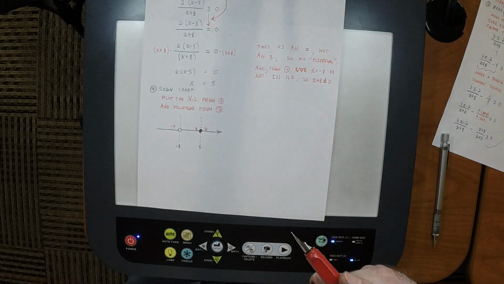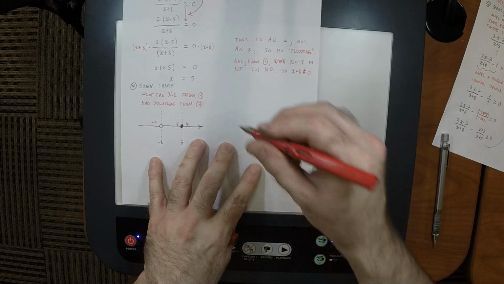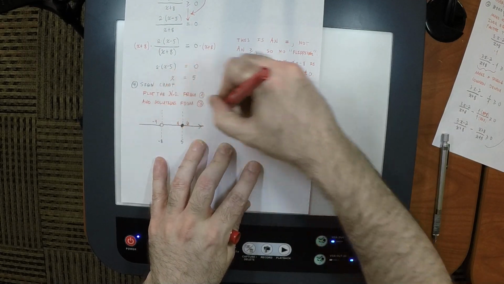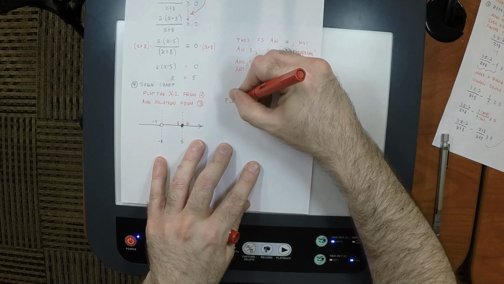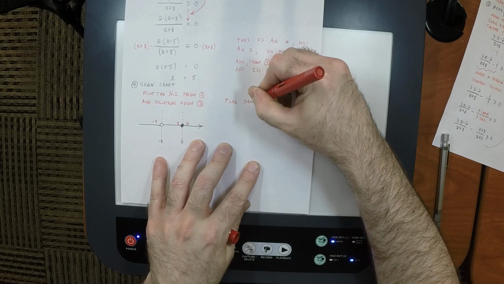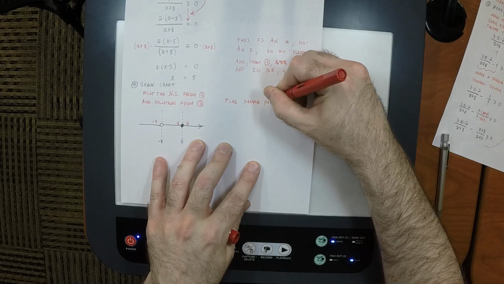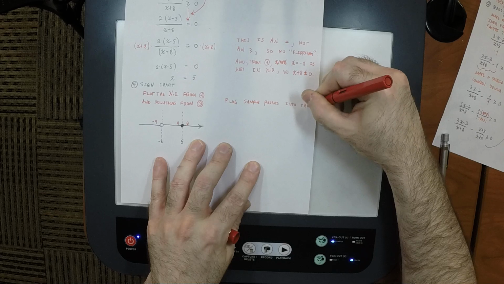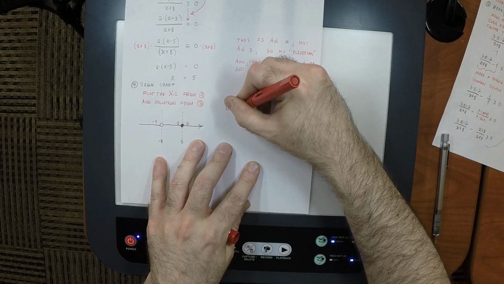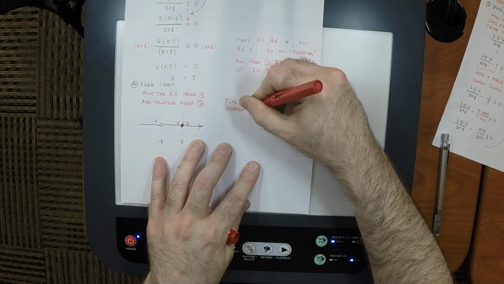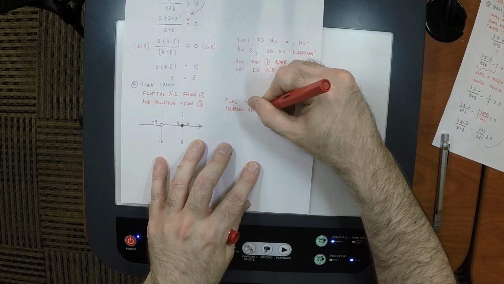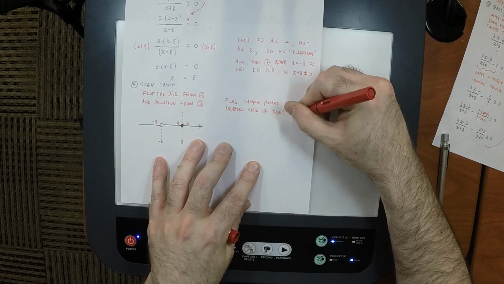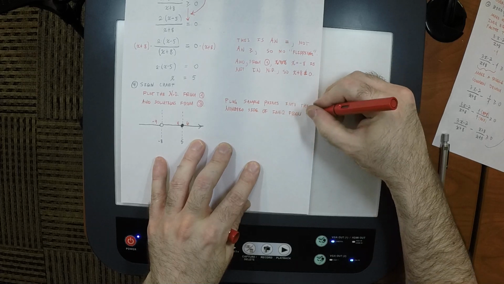Okay. Now what we're going to do is take the sample points, 1, 2, 3, and plug the sample points into the non-zero side of the inequality from step 2.